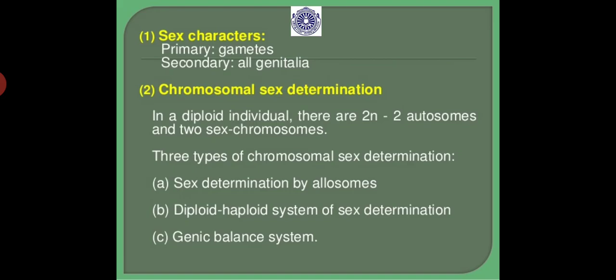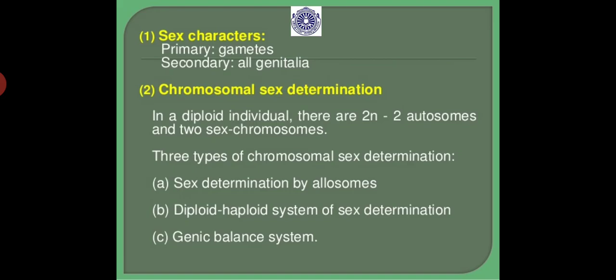Coming to sex characters. The primary characters are determined by the gametes, whereas the secondary characters are determined by the genitalia, especially the sex hormones produced by the respective individuals. Coming to chromosomal sex determination. In a diploid individual, there are 2n chromosomes, that is 2 sets of autosomes and sex chromosomes.